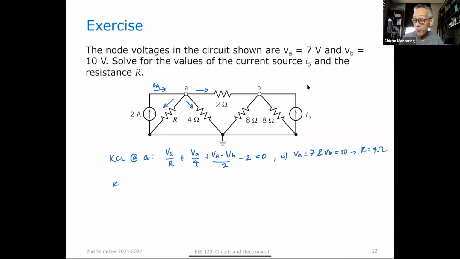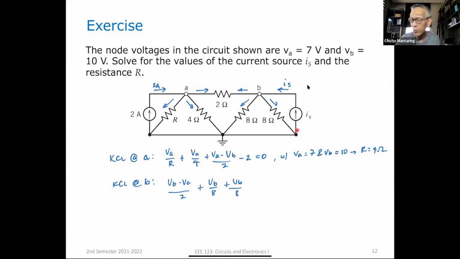And then if you apply KCL at B, the currents are this and this. So this is IS. You have VB minus VA over 2 plus VB over 8 plus another VB over 8.